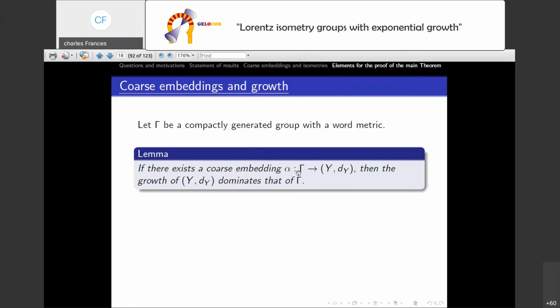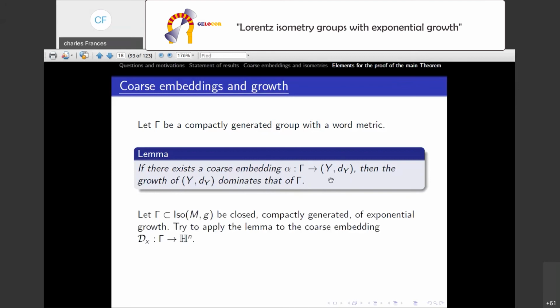And your exponential in r points, which were at distance at least 10, are mapped to distinct points in this ball of radius 20 times r. It means that in a ball of radius 20 times r in Y, you have at least exponential in r points, and that's exactly the notion of exponential growth. So I roughly explained why, if gamma has exponential growth, then Y must also have exponential growth.